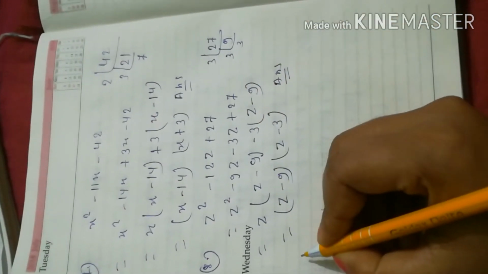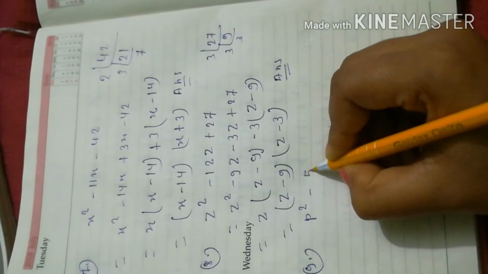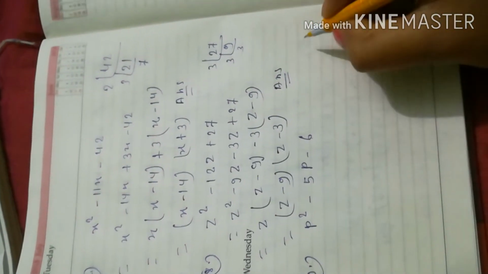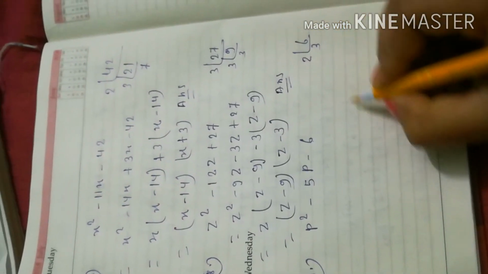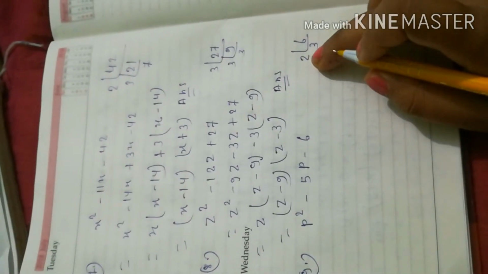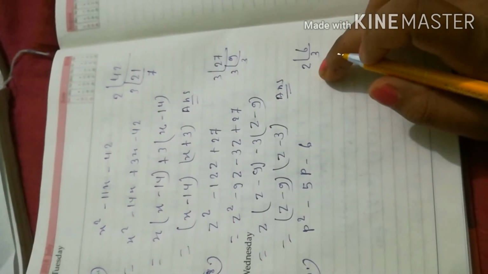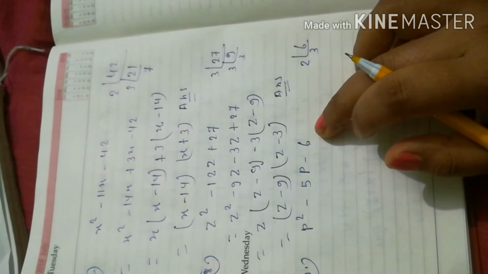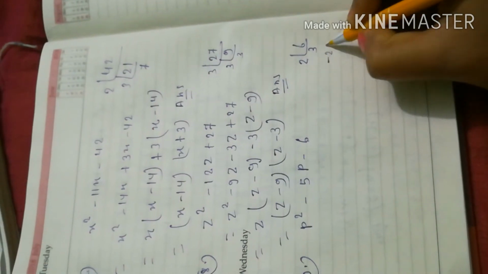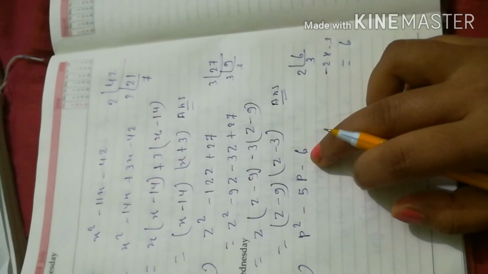Now we will do question number 9 also. p square minus 5p minus 6. We will multiply 6 into 1 equals 6, and 2 3s are 6. Now we can write minus 2p minus 3p equals minus 5p, and if we multiply minus 2 into minus 3, we will get plus 6, but here minus 6 is given.